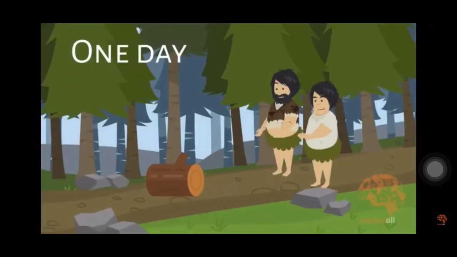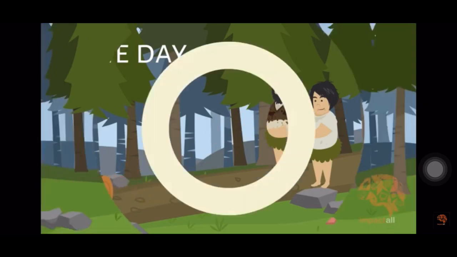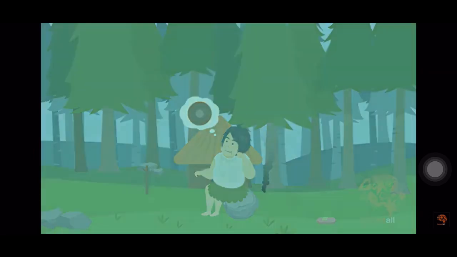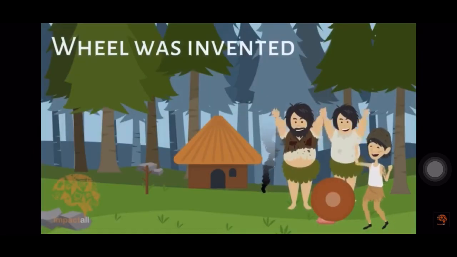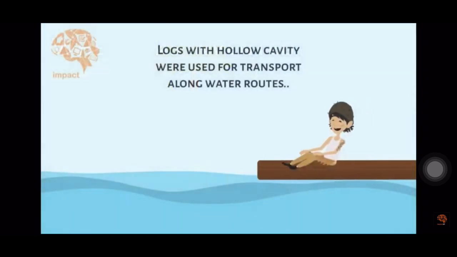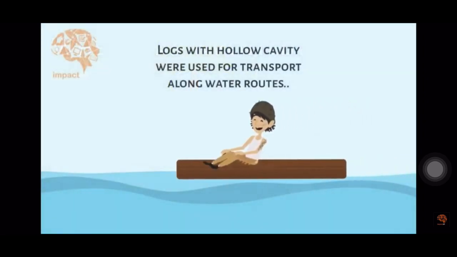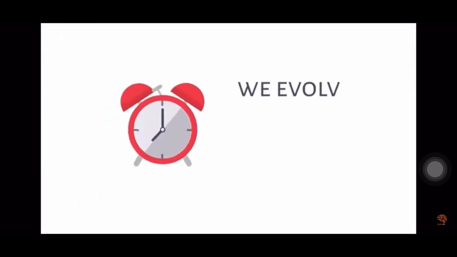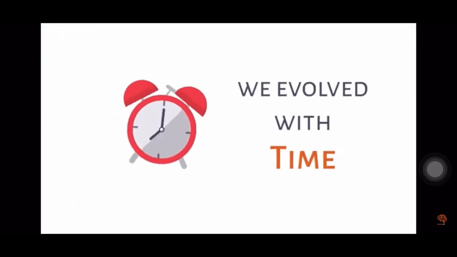One day, they were surprised to see a circular piece of wood moving by itself. After several days of thinking and imagining, they invented the wheel. Logs with hollow cavity were used for transport along water routes. Eventually, we started inventing things that made our life easier.